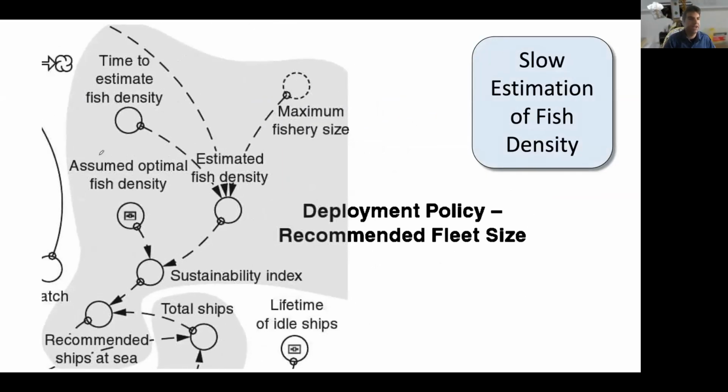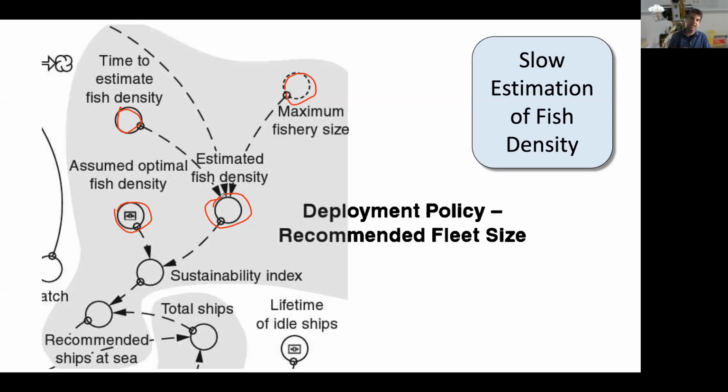So we've got our real fish density, and we've got a time to estimate the fish density. We have an estimated maximum fishery size. And then we've got some sort of assumed optimal fish density. And so we use some formula which gives us an estimate of our certainty of our estimates of the fish density.